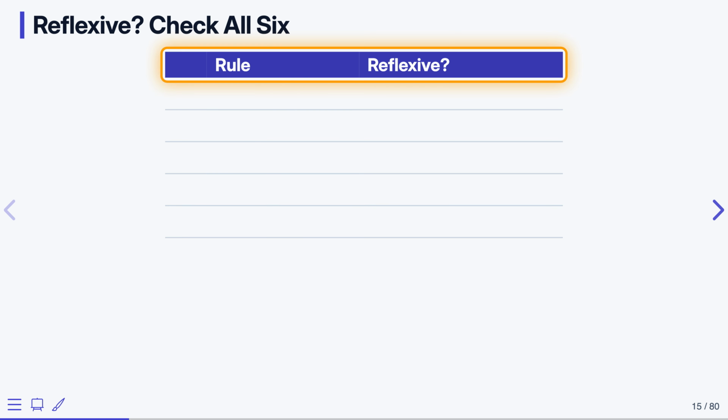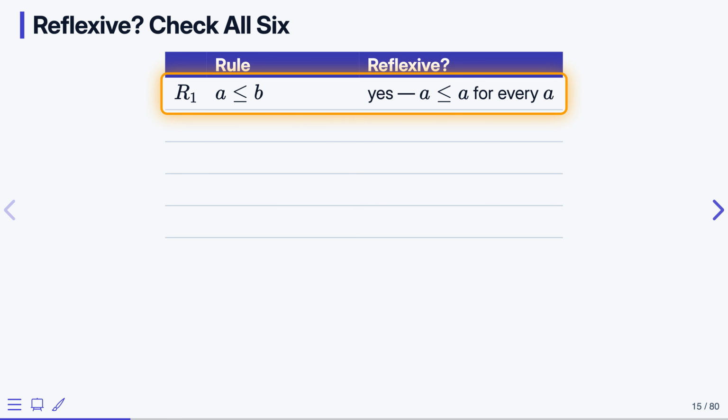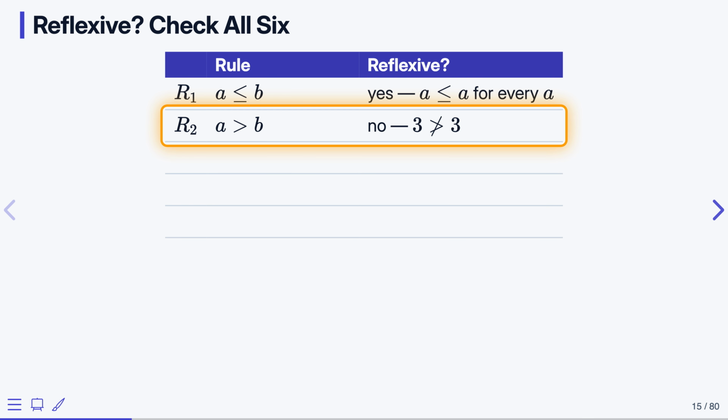Now we test all 6 relations. For each one we put b equal to a and see what the rule says. R1 becomes a is less than or equal to a. That is true for every number, so R1 is reflexive. R2 becomes a is greater than a. That is never true.